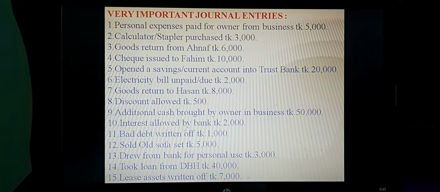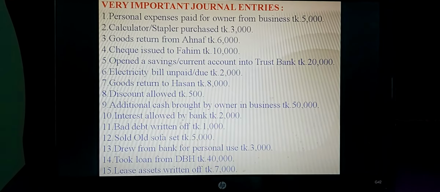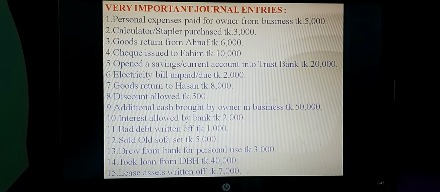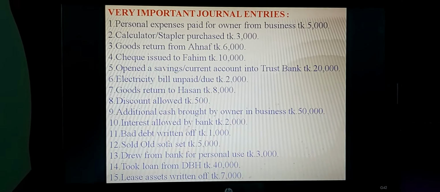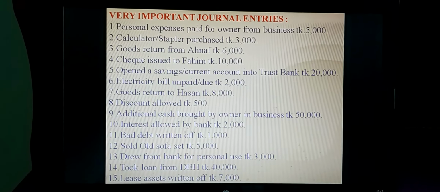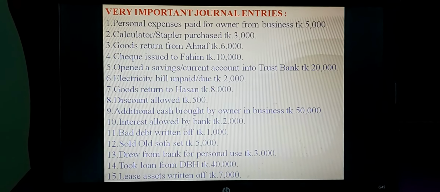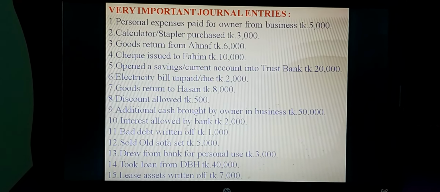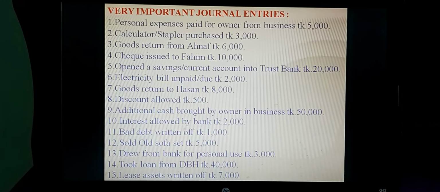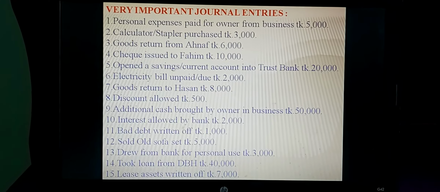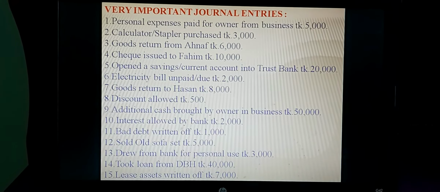Okay, next one, sold old sofa set. Sofa set is one kind of furniture, I think you know, but it is sold. When furniture is purchased, then furniture account is debit and cash account credit. But in this transaction, sold sofa set, so it is the opposite of furniture purchase. So how to write? It is a very easy way to write for journalizing.